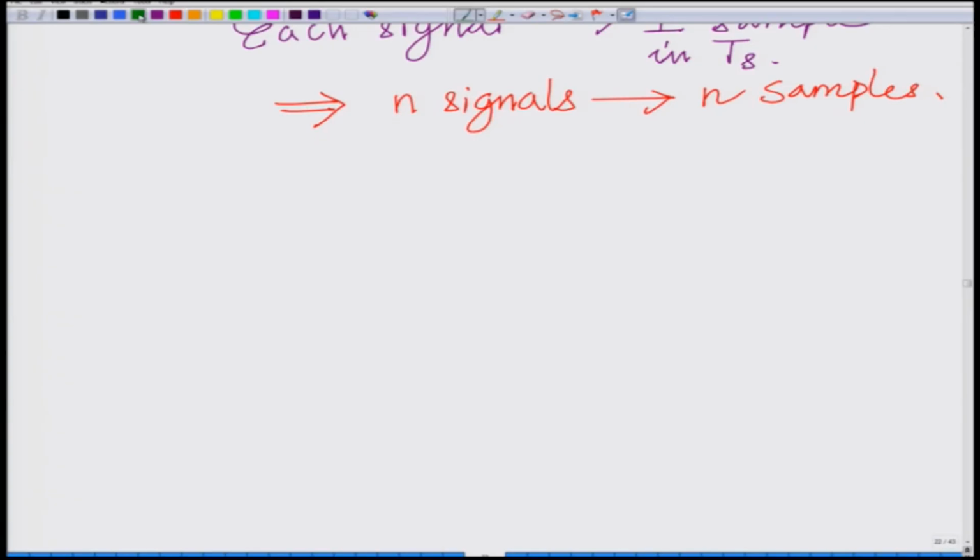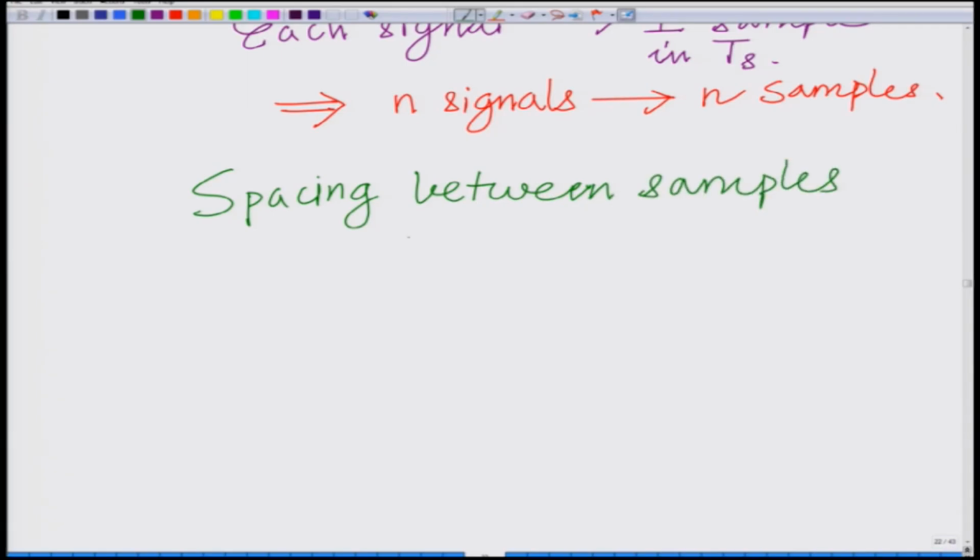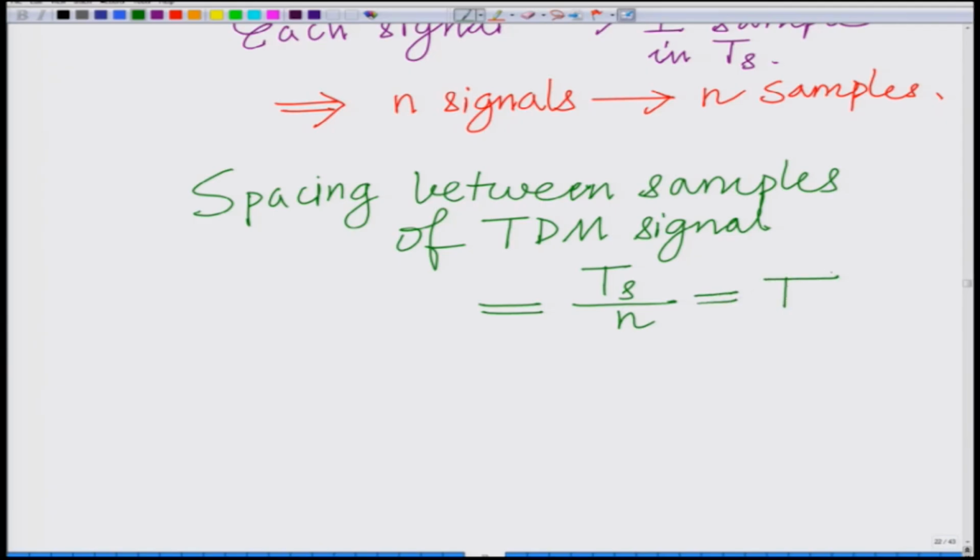Therefore, since in Ts there are n samples, the spacing between samples of the TDM signal equals Ts divided by n, that is equal to T.